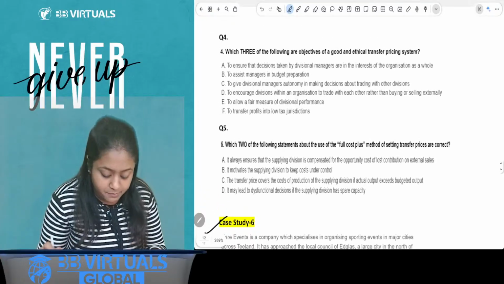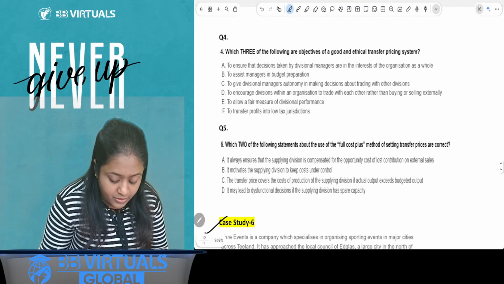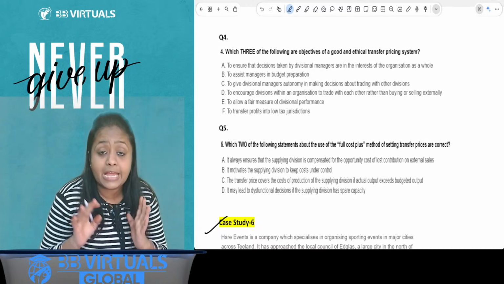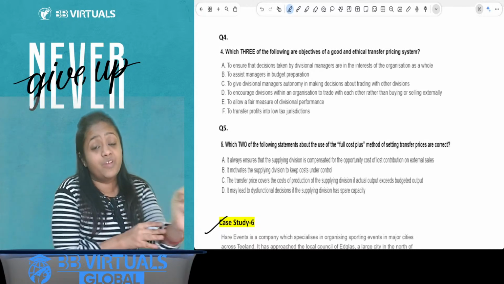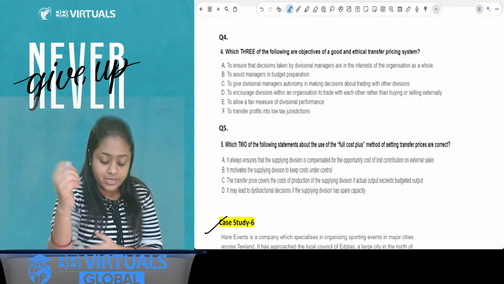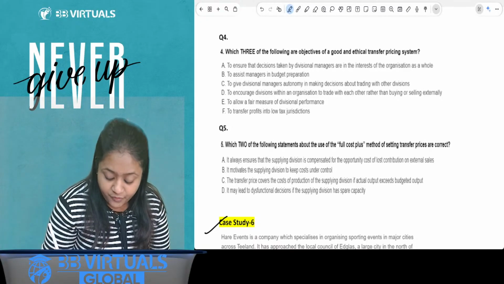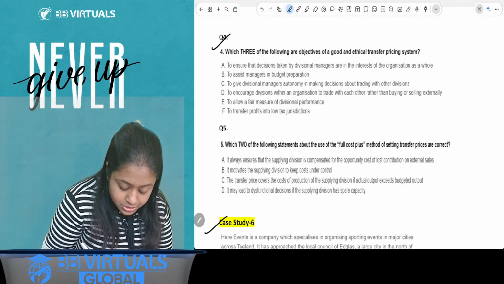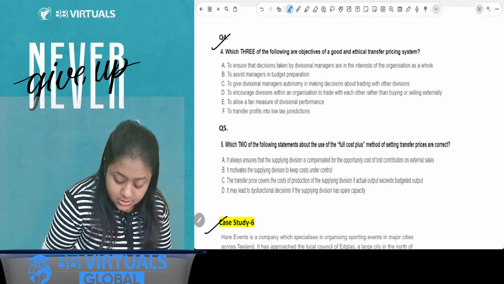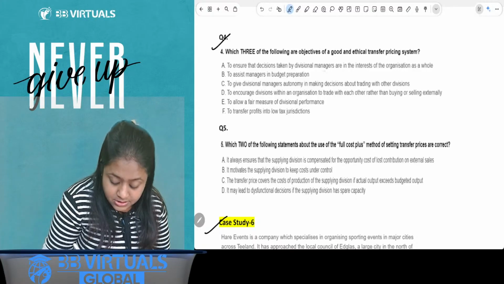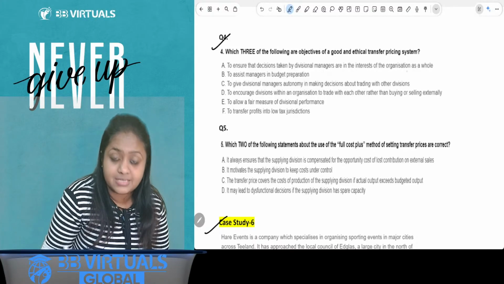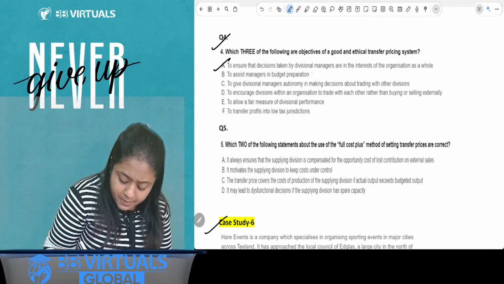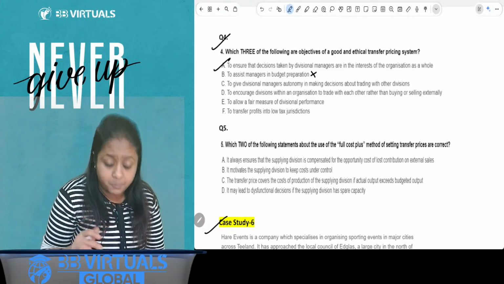Now let's do question number 4. Which of the following three are the objectives of a good and ethical transfer pricing system? Very important question. To ensure that decisions taken by divisional managers are in the interest of the organization as a whole. Absolutely. To assist managers in budget preparation, no, they are not helping in budget preparation.